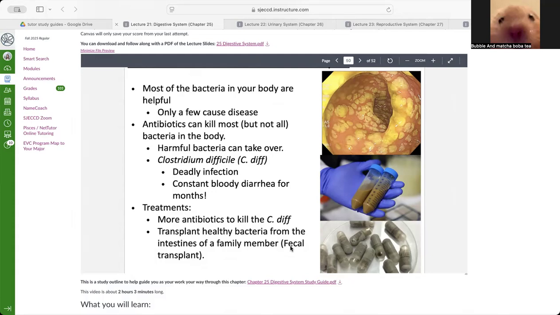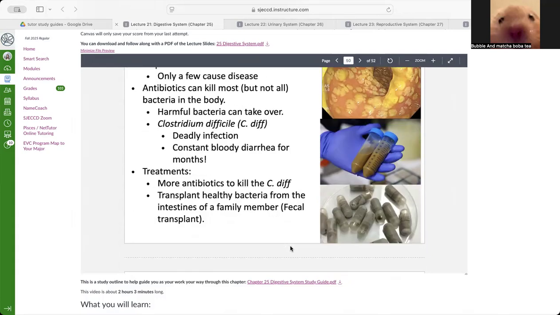Normally, it lives in people's bodies, but healthy bacteria keep it in check. It can multiply and take over the body, and the major signs would be constant bloody diarrhea, anemia, and malnourishment. You must stay in the hospital on IVs. The treatment would be more antibiotics and a fecal transplant, where they take stool from a family member and put it in the colon to release it into the intestine for the good bacteria.